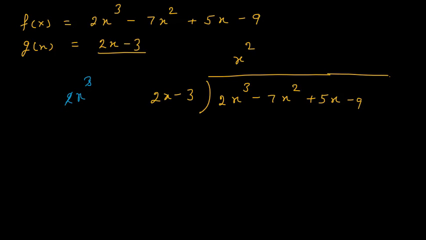So now I will remove this, or you can do it on the rough page somewhere on the right side, the right side corner. Now this quotient x square, I have to multiply by these two terms. When x square is multiplied by 2x, I will get 2x cube, and when x square is multiplied by minus 3, I will get minus 3x square.